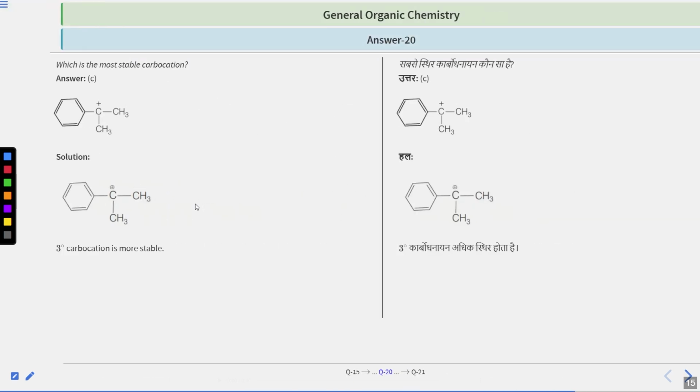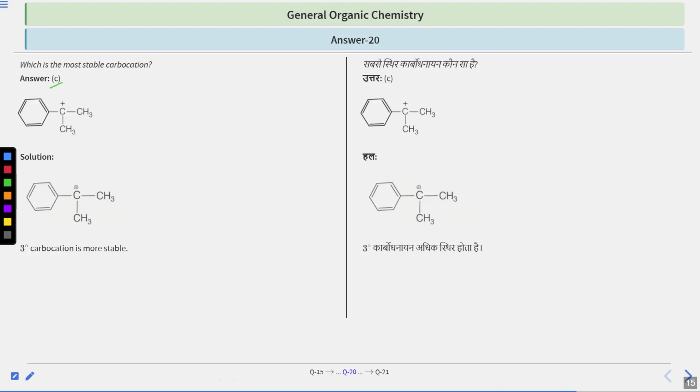Okay, let's see. The correct answer is option C. That is this: benzene attached to a carbon having positive charge, directly attached to two methyl groups. So basically, this is a tertiary carbocation. That's why this is more stable, because you can see two electron donating groups are directly attached to this carbocation carbon, right? The carbon having positive charge is directly attached to two electron donating groups.